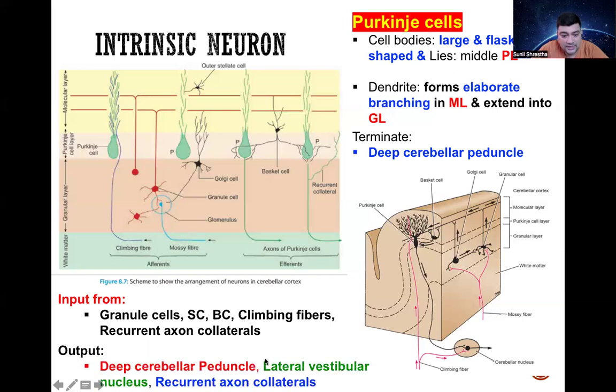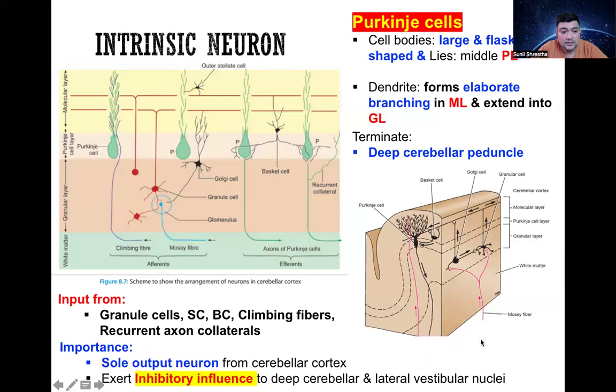The output might go to the lateral vestibular nucleus or the recurrent collateral, and the output is entering into the deep cerebellar nuclei. And what is the importance of this Purkinje cell layer?